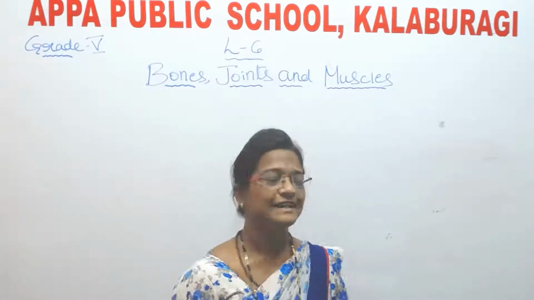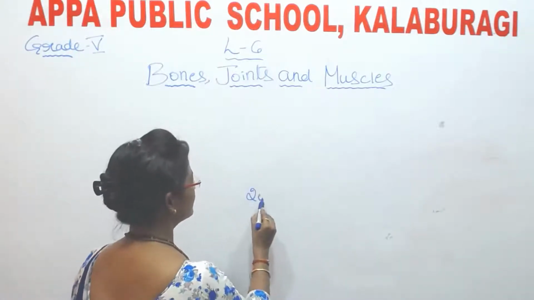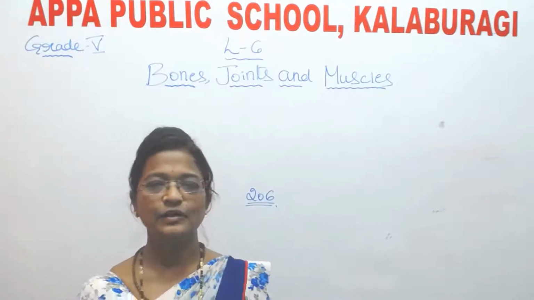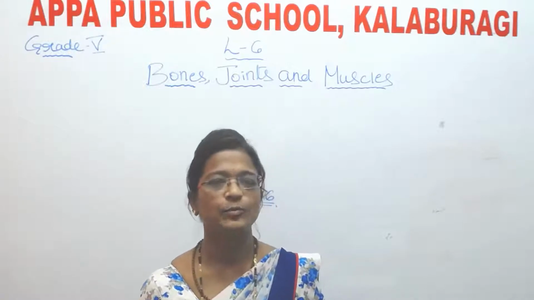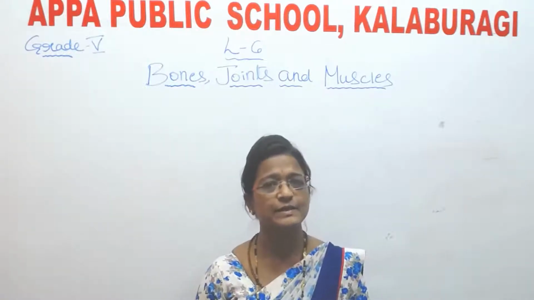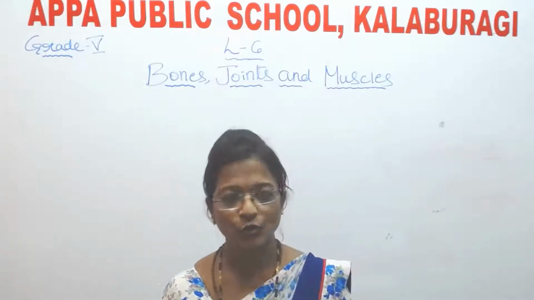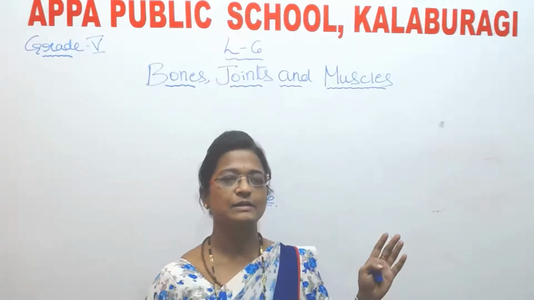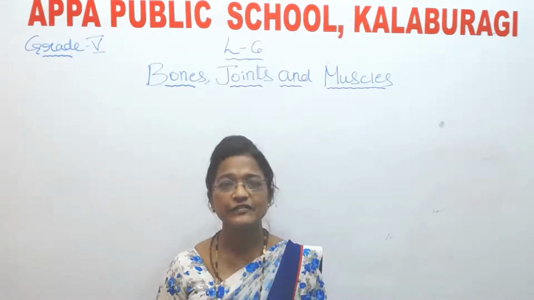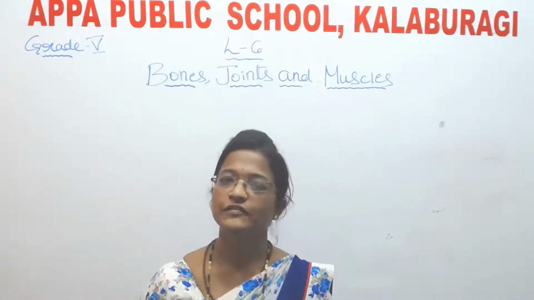Yes, exactly. 206 bones are present in adult humans. So what do you think, are the bones present in humans of the same size and same shape? No. The bones present in our body are of different shapes, different sizes, and they even perform different functions.